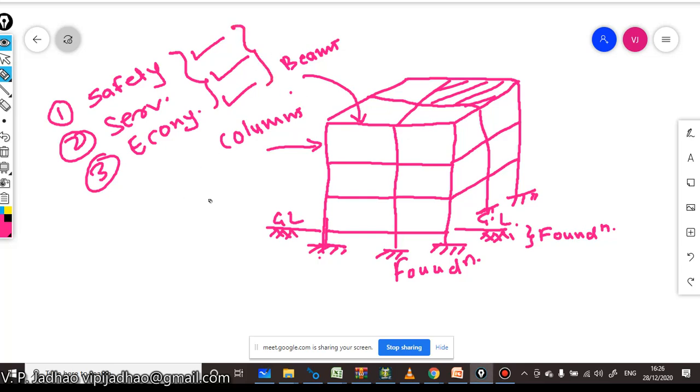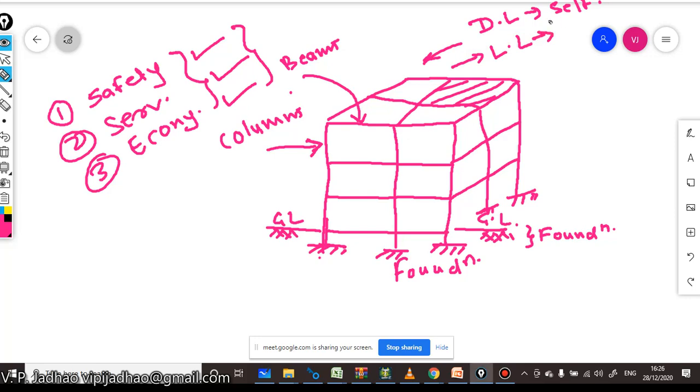What is the meaning of design? Whenever you design a structure, it will be subjected to some loads. Different types of loads will be there. The first one is your dead load. Dead load is the load of your dead components, that is, self weight. Then we have live load.